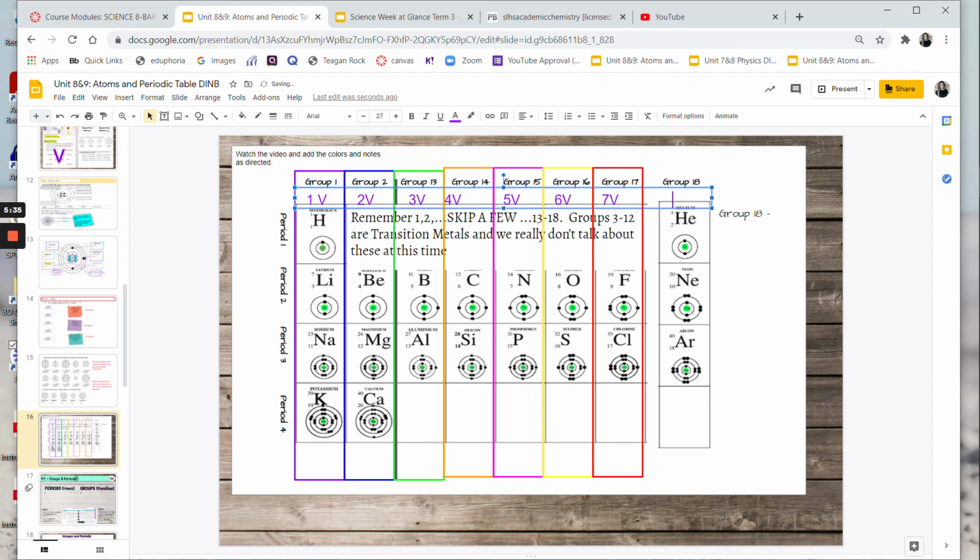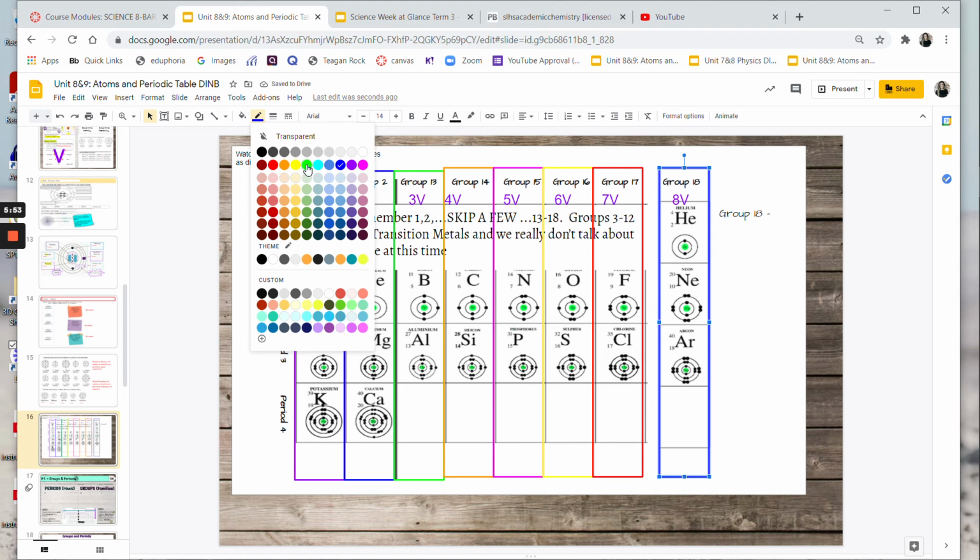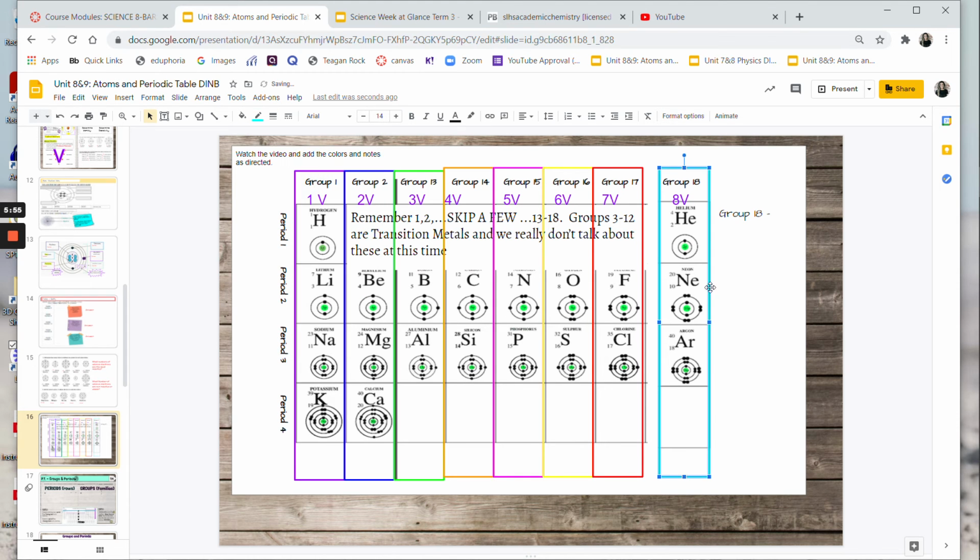Remember, group 18 is going to have 8 valence electrons, and if you remember about 8 valence electrons, that means that your outer energy level is full or stable, which means it's non-reactive. We want that last energy level to be full so that it doesn't react with any other element. But if I look at helium, it has 2. But if you remember our rule for drawing Bohr models, you have 2, 8, 8. So its first energy level is full, making it part of group 18.